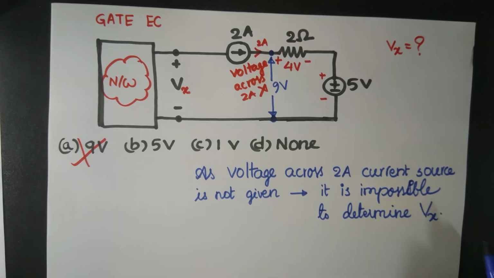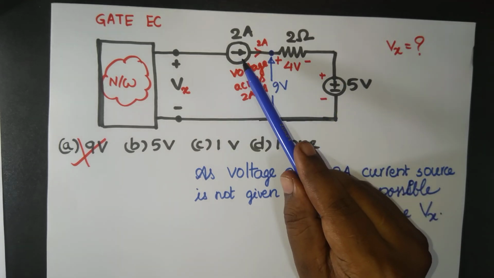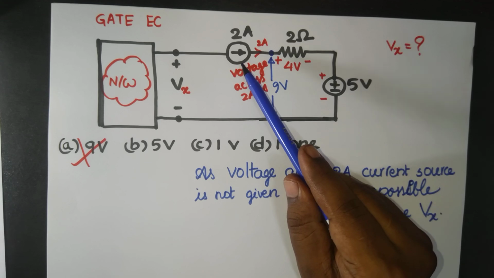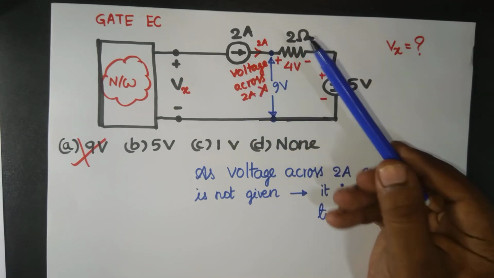We could not show this kind of partiality. Everything is given for the 2 ohms and 5 volt, and the 2 ampere current source is left alone like that, without any voltage across it.